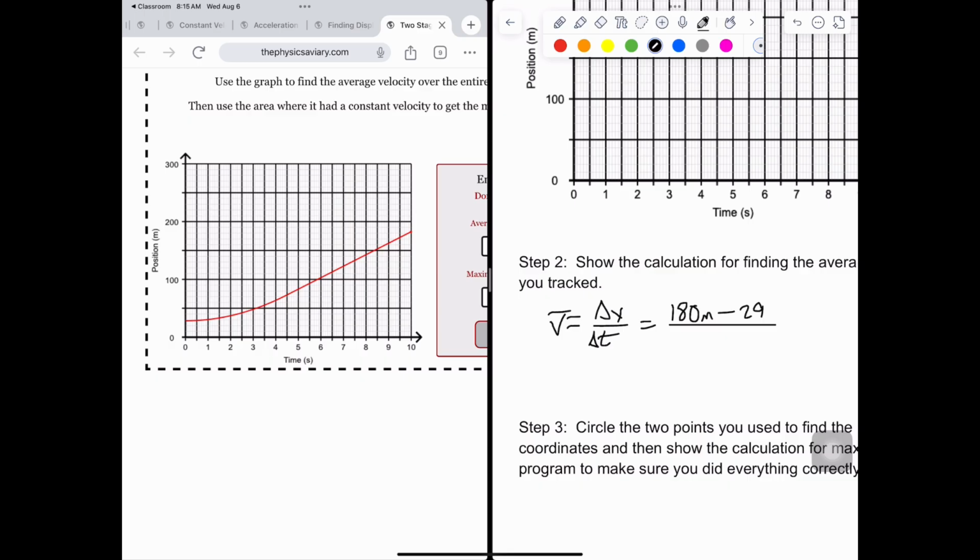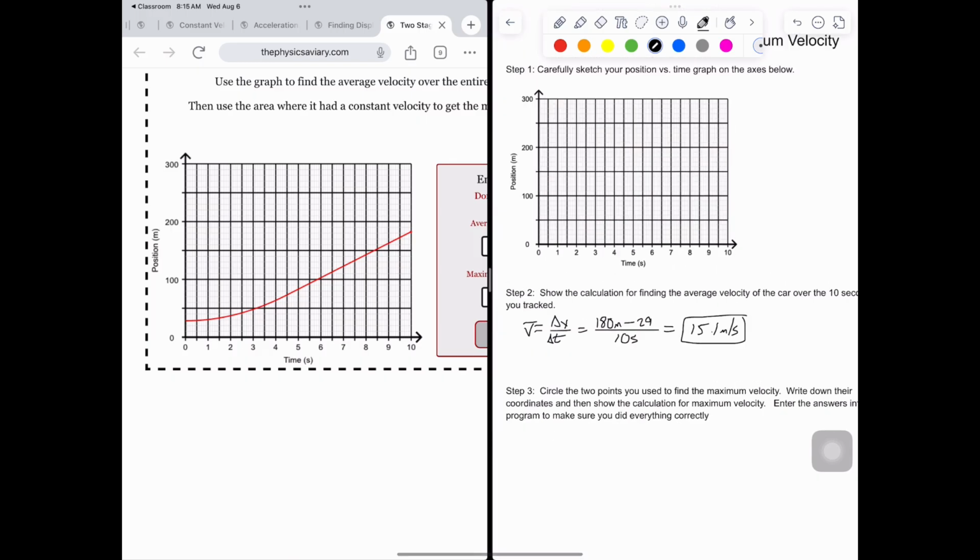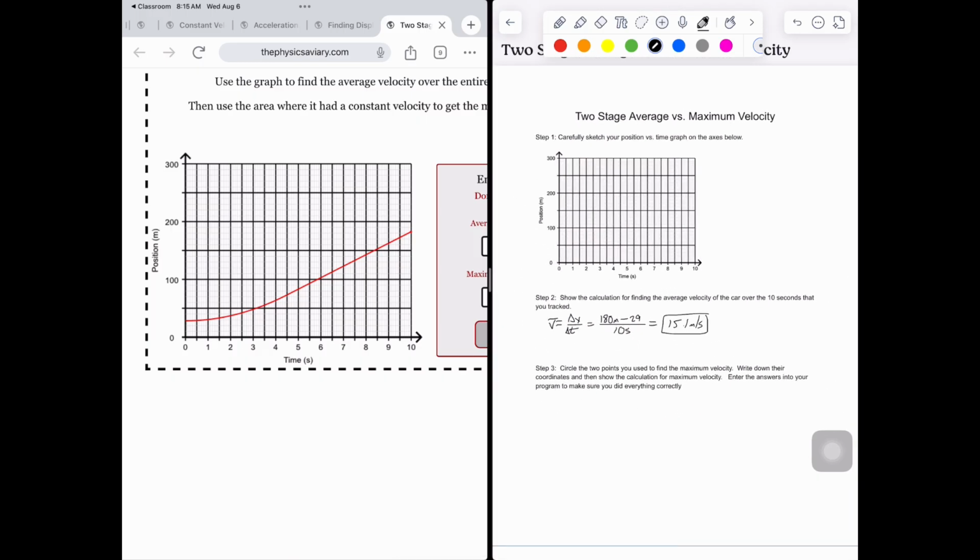And of course the time interval would be 10 seconds for the entire run. Go ahead and calculate yours, I'll calculate mine. And I'm looking at an average of about 15.1 meters per second for my car's average speed. Okay, so now the average velocity takes into account the total displacement and the total time.